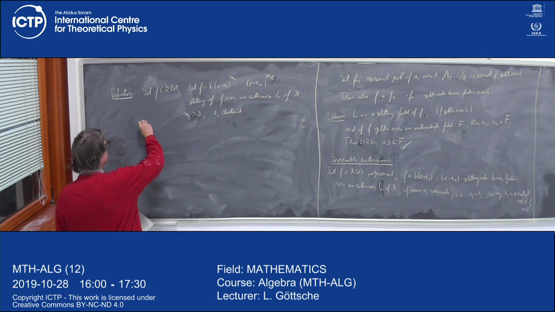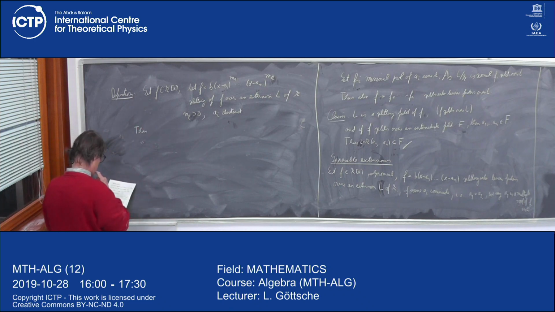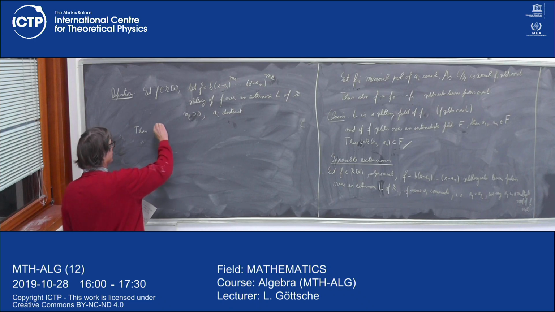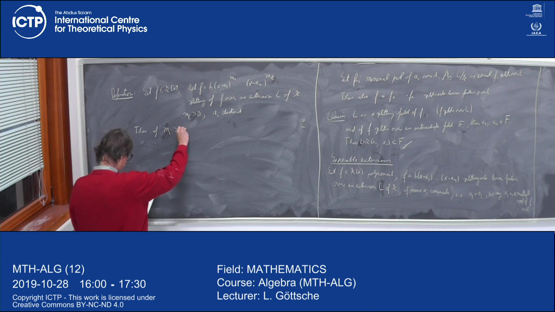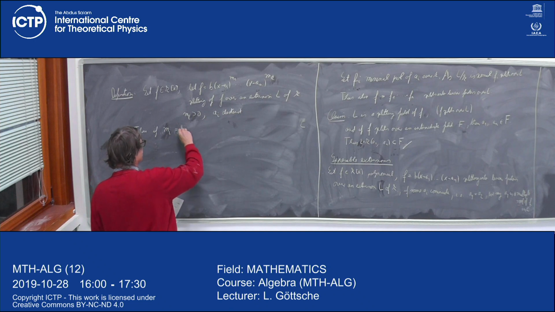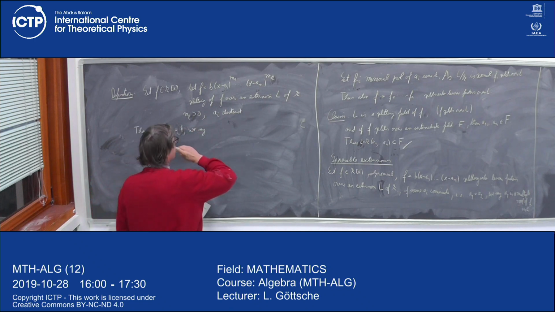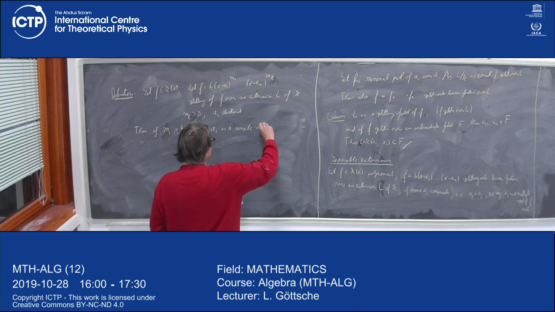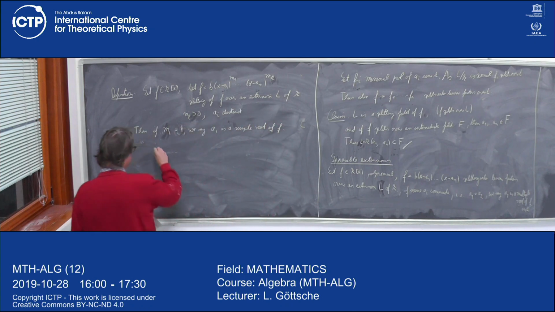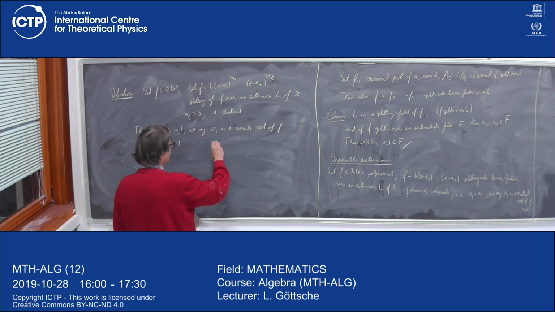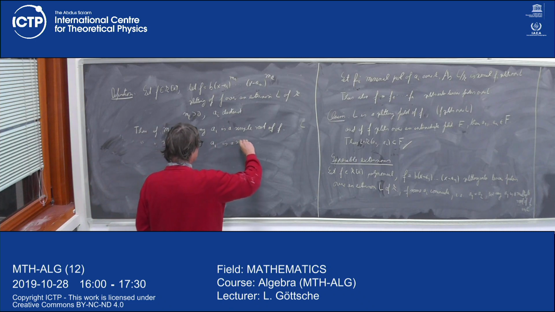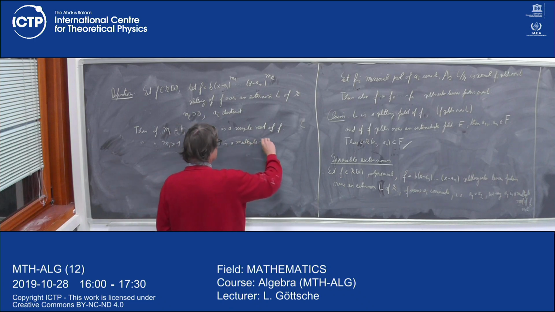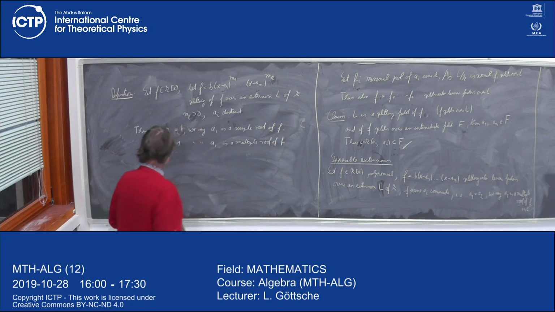So then we say, if mi is equal to 1, ai is a simple root of f, and obviously if mi is bigger than 1, we say that ai is a multiple root of multiplicity mi.